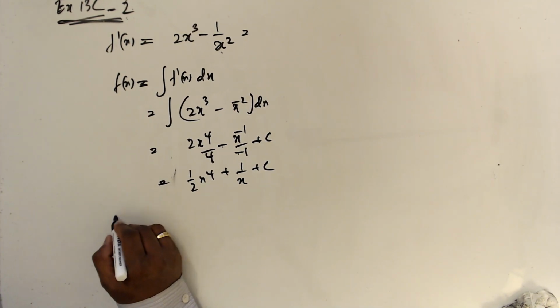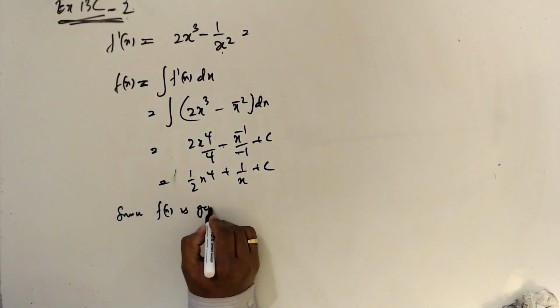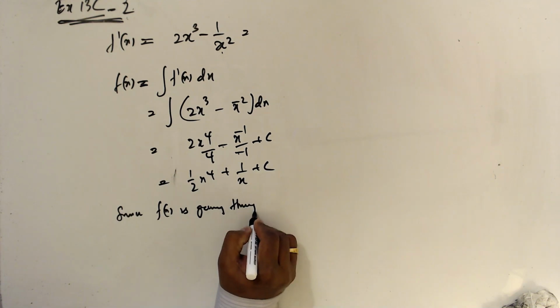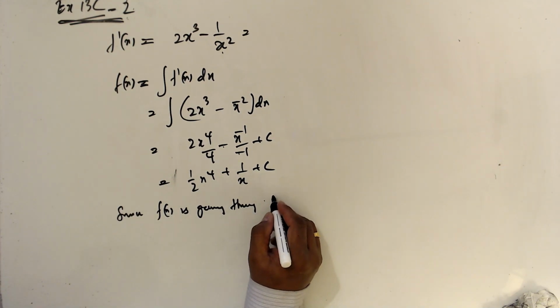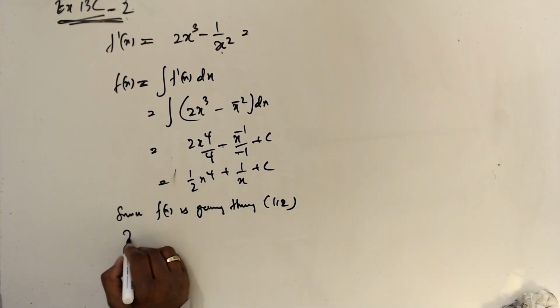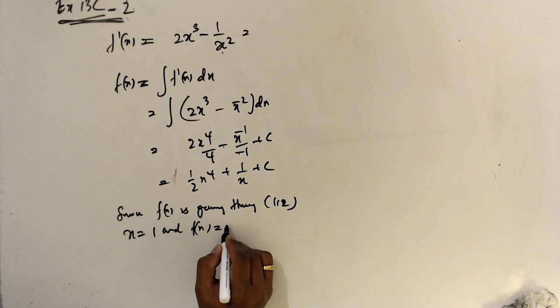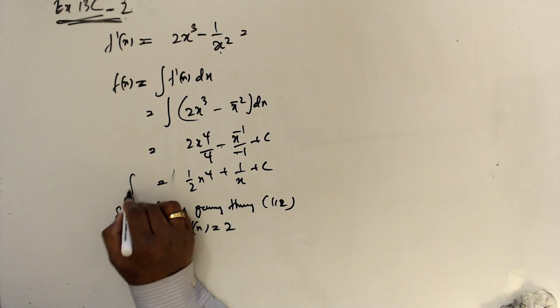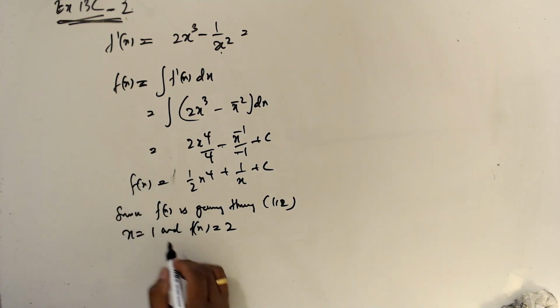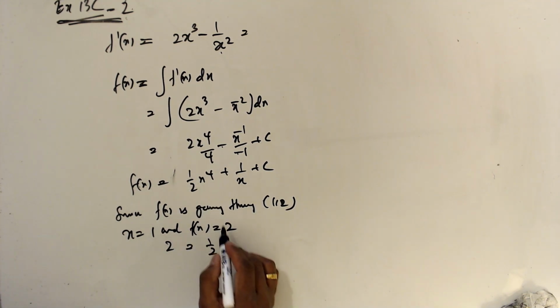Now, since f(x) is going through the point (1, 2), we'll apply here. So this is half, x^4 means x equals 1, so that is 1.